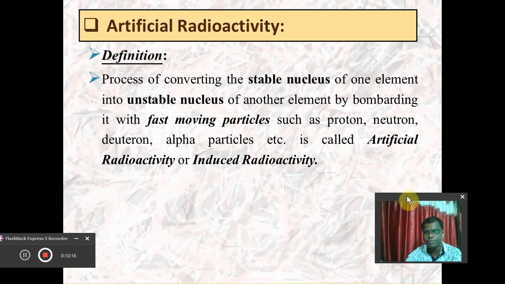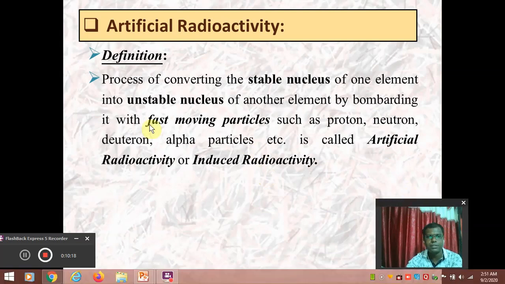Artificial radioactivity can be defined as the conversion of the stable nucleus of one element into the unstable nucleus of another element by bombarding it with fast moving particles called projectiles, and these projectiles are proton, neutron, deuteron or alpha particle.